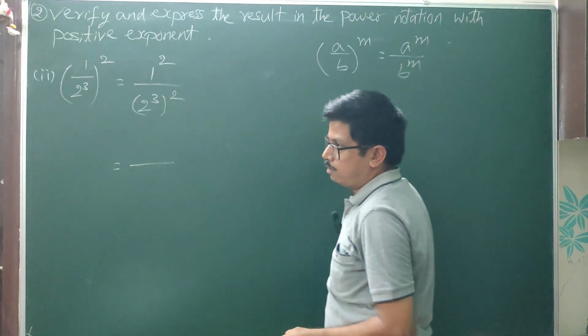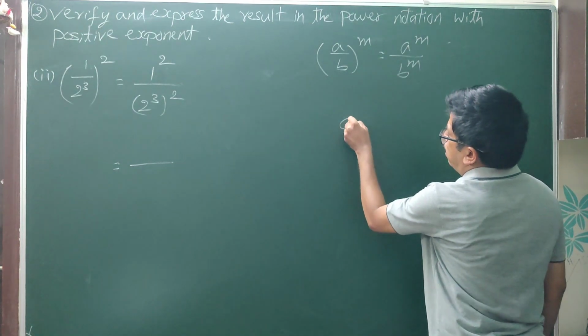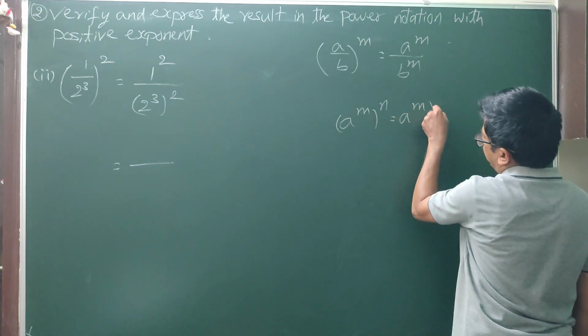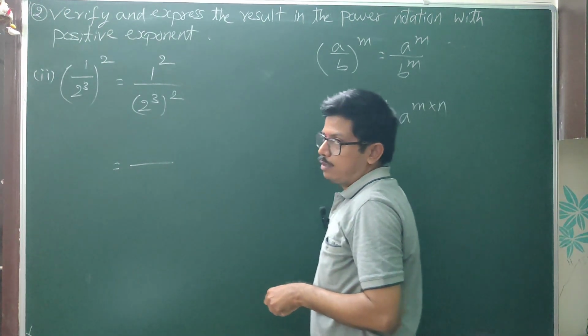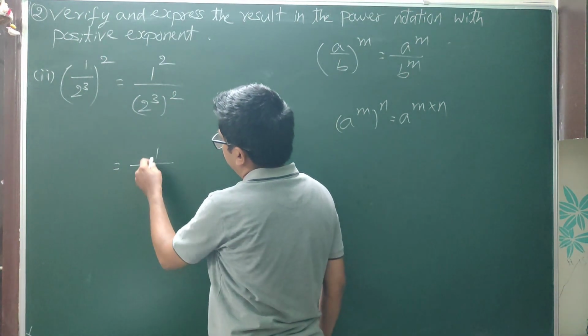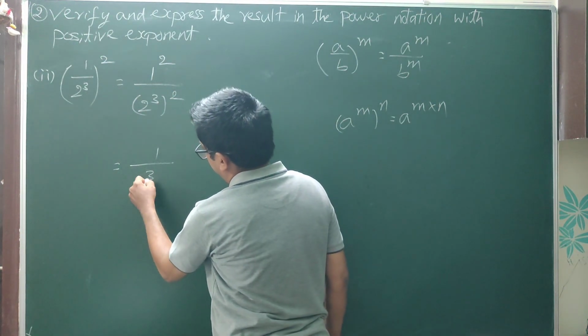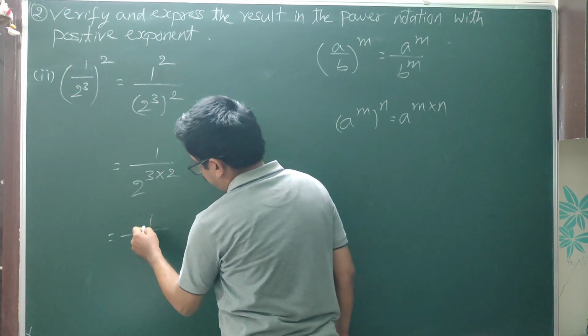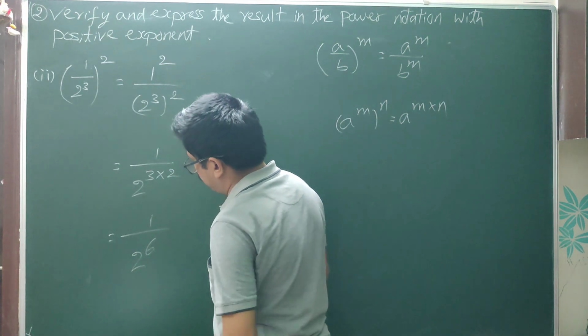Now a power m whole power n equal to a power of m into n. 1 square means 1 into 1, again 1 only. Here 2 power 3 into 2 equal to 1 by 2 power 6.